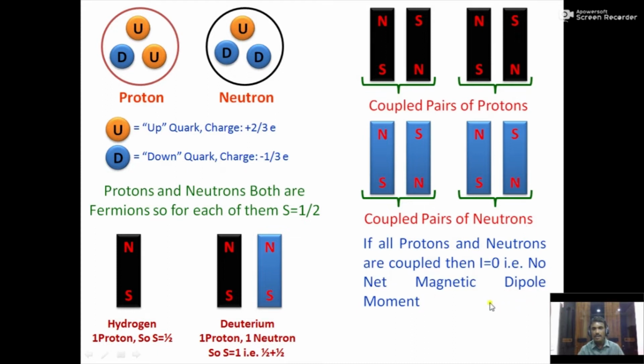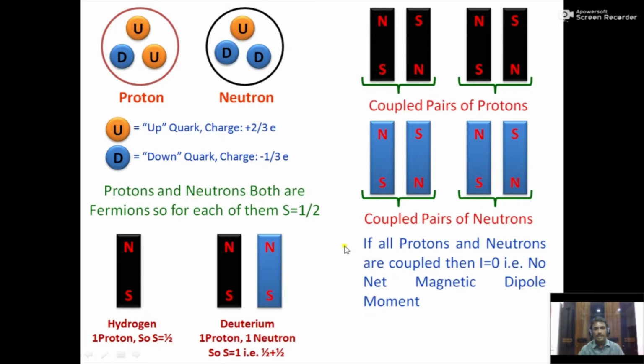There should be a magnetic dipole moment in the nuclei, and only then it is called a magnetic nucleus. You can see that in the case of hydrogen, only one proton is there, so its S is equal to 1/2, as the proton is a fermion.